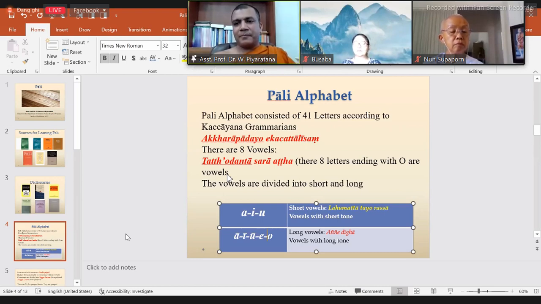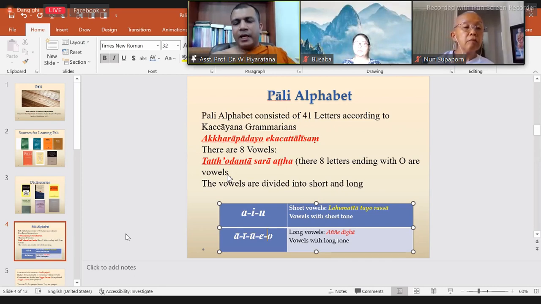But if these 2 vowels come right before combined letters, then we pronounce them as short vowels. That is the reason that when you bless someone, it is called sotthi. Sotthi te hotu. May you be happy.